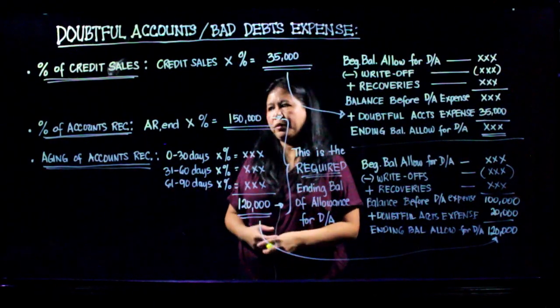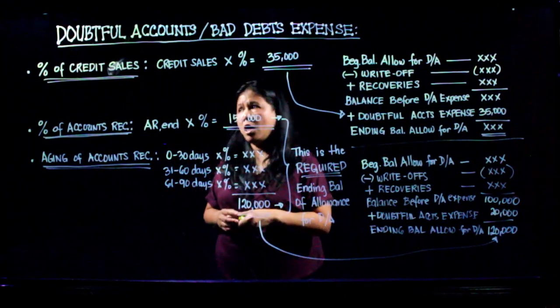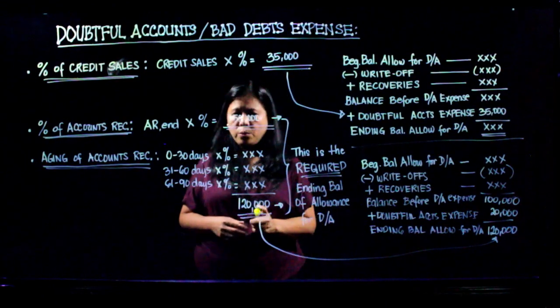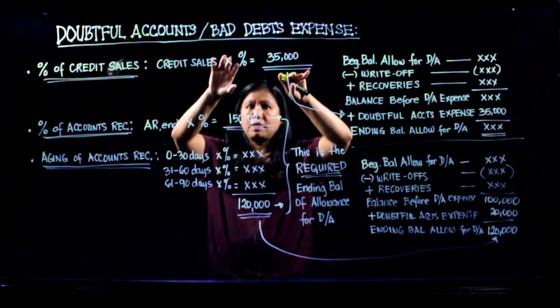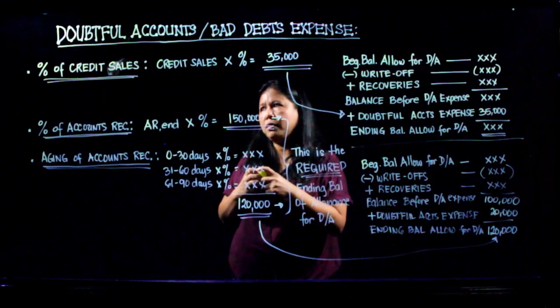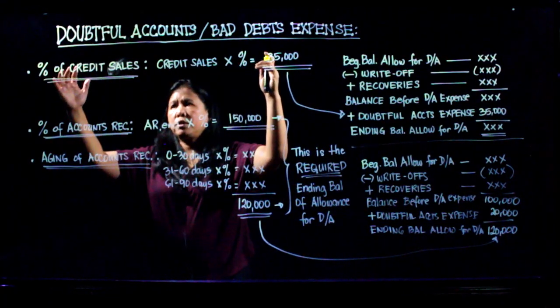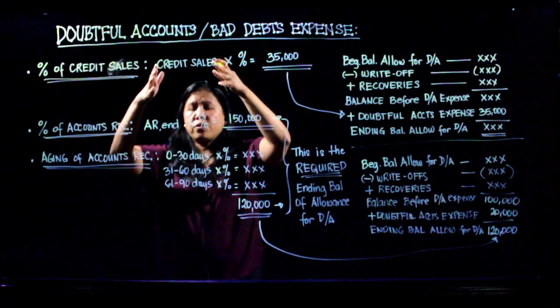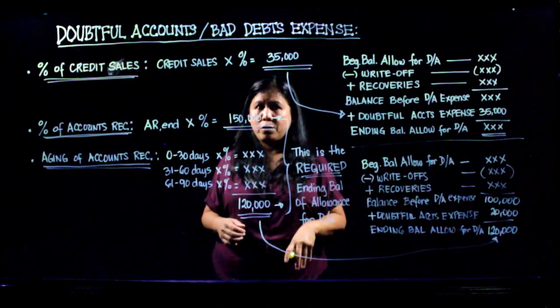So in your actual exams, the problem might ask you for the doubtful accounts expense or the bad debts expense right away, using the percentage of credit sales method. Take your credit sales times the percentage, that's already your answer.